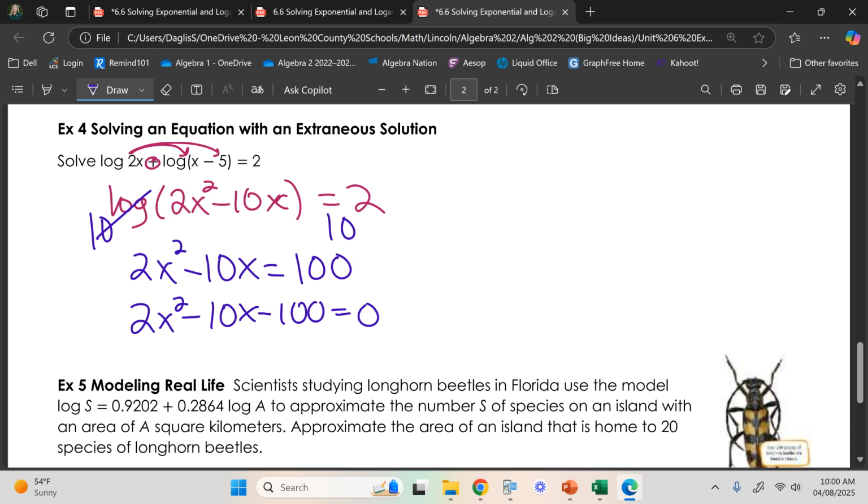A 2, yeah, which is my GCF, right? If they can all be divided by something, let's do it. So these can all be divided by 2. This gives me x squared minus 5x minus 50 equals 0. I'm not going to write the 2 because we're solving for x, right? 2 does not have an x. It's not going to help me. I don't need it.